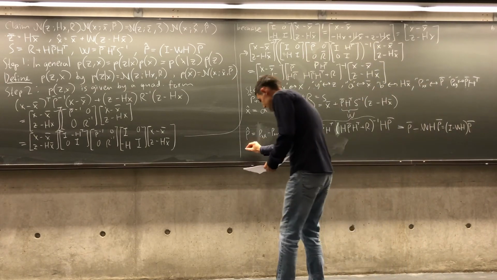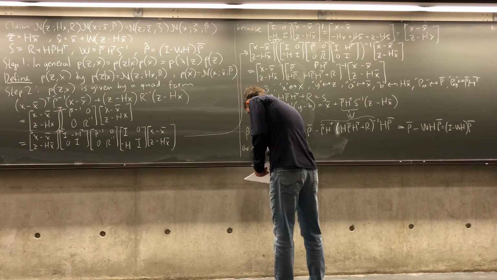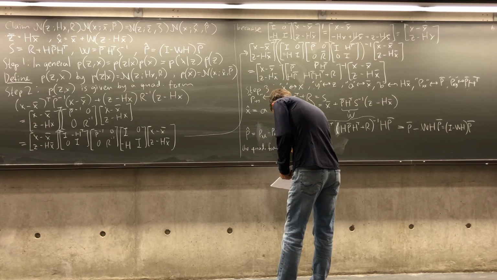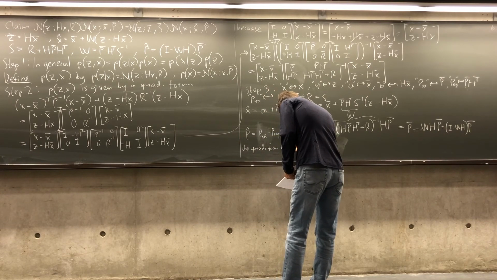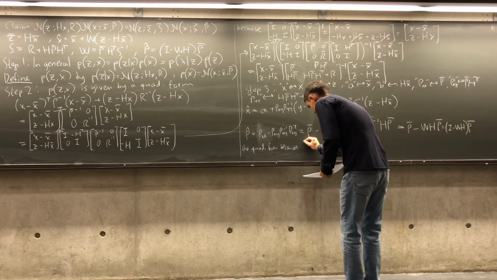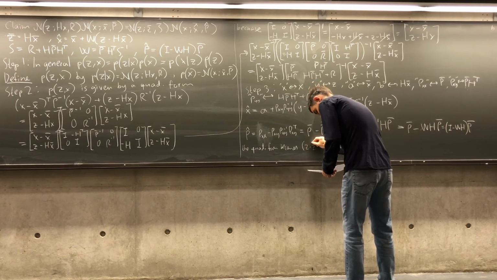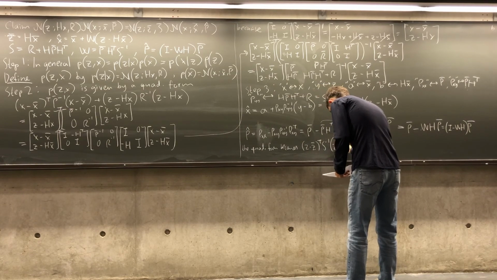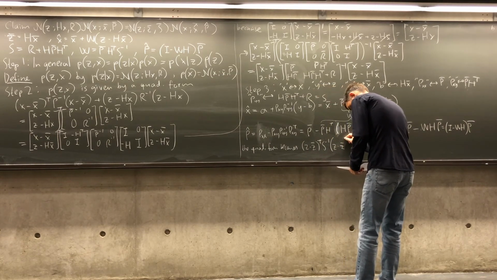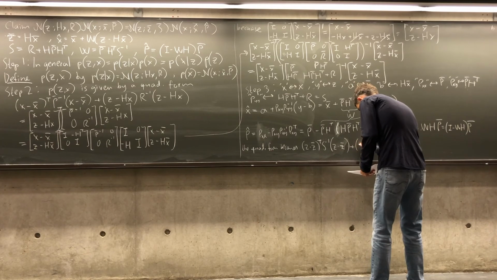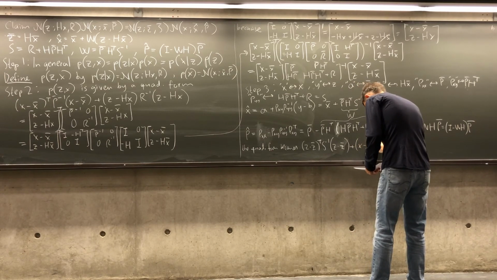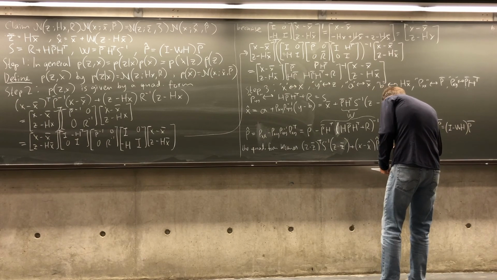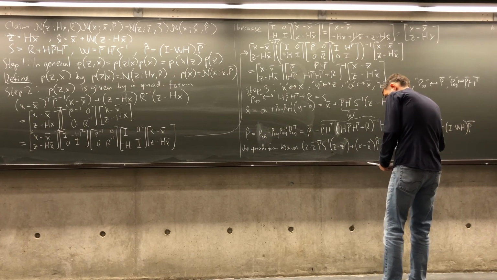Then it follows from this that the quadratic form becomes z minus z bar transpose S inverse z minus z bar plus x minus x hat, P hat inverse, x minus x hat.